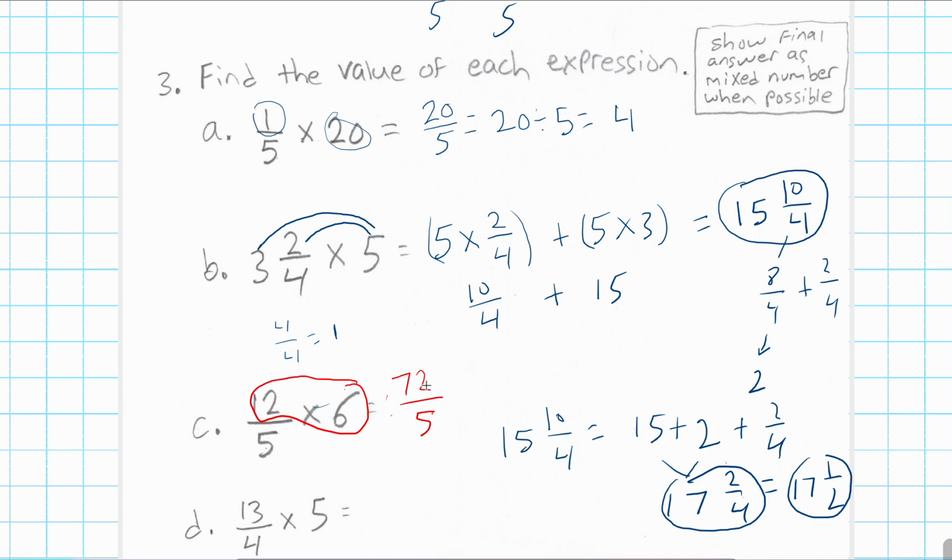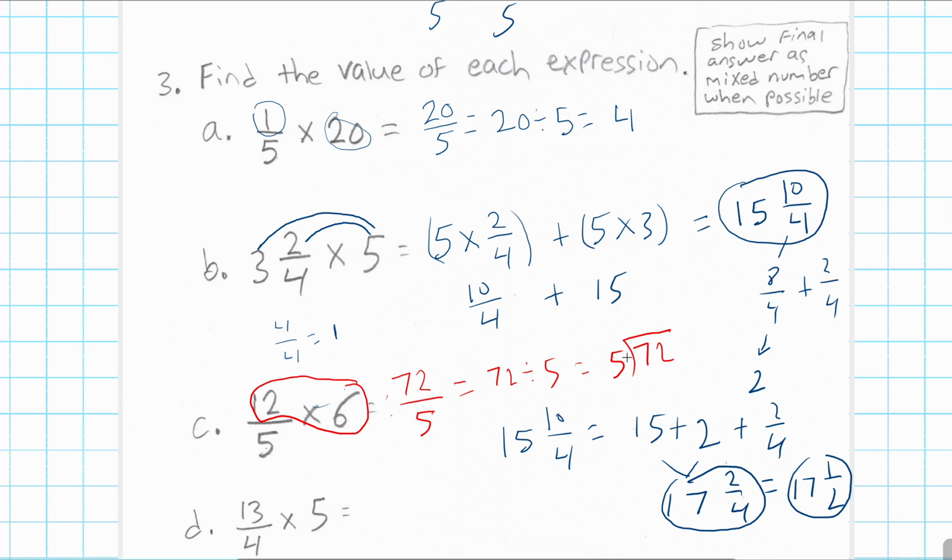So remember that fractions are division. So 72 fifths, that means 72 over 5. That means 72 divided by 5. So we can go ahead and do that division. So we're going to take 72 and we're going to divide it by 5.